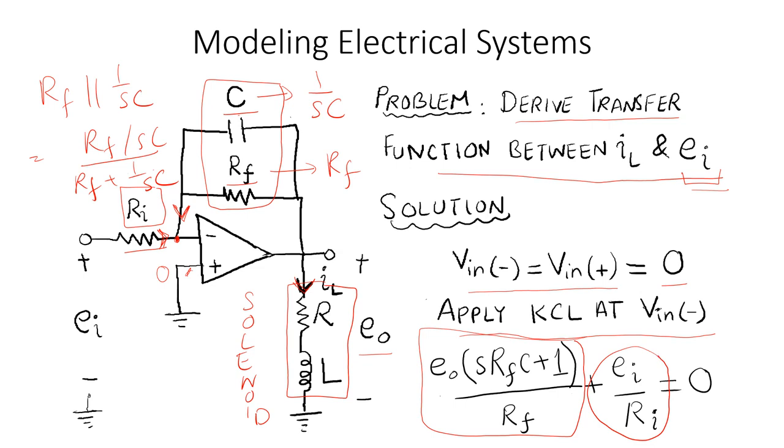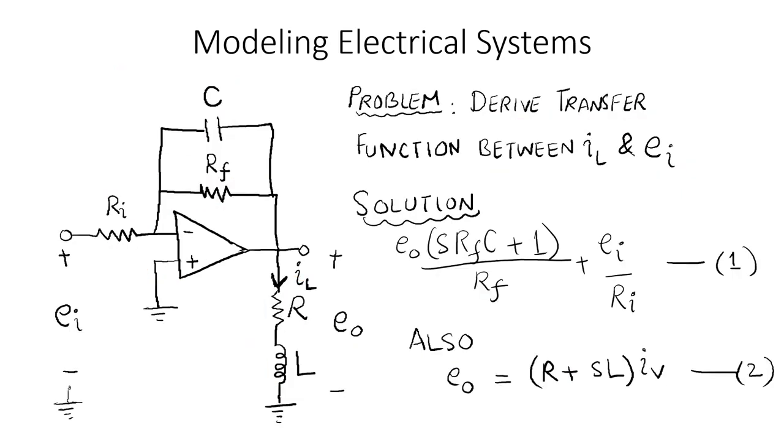So this part represents the current entering this negative terminal. But remember, no current enters the op-amp, so the sum of these two currents must be 0. So this represents our first equation.